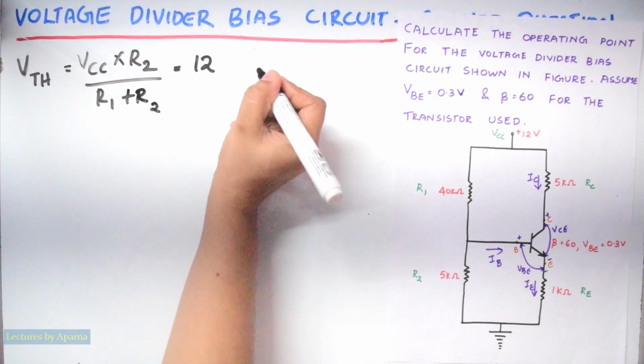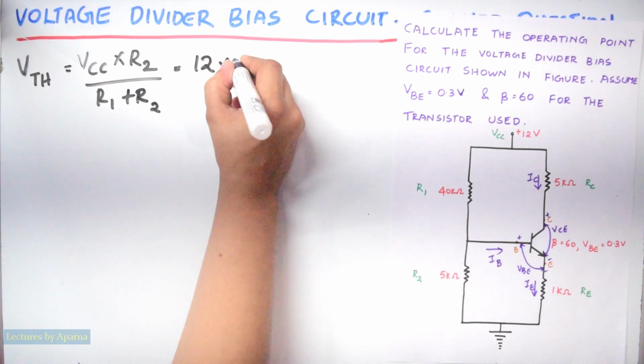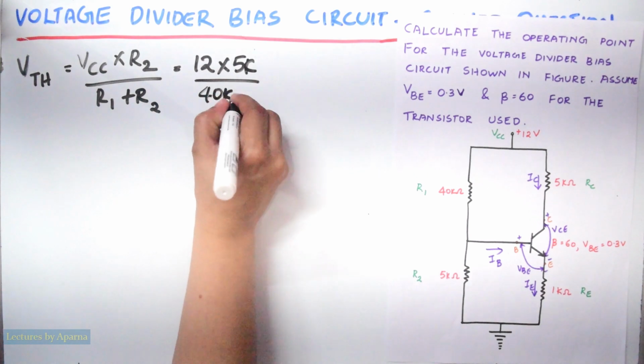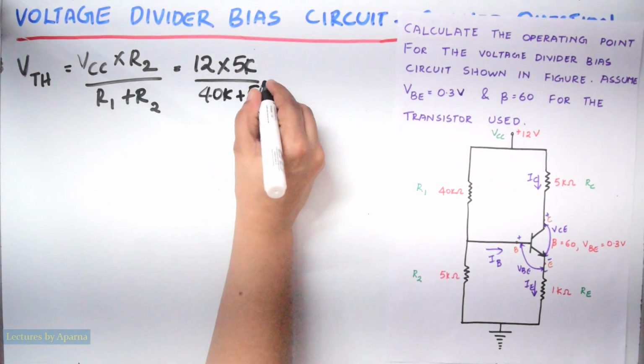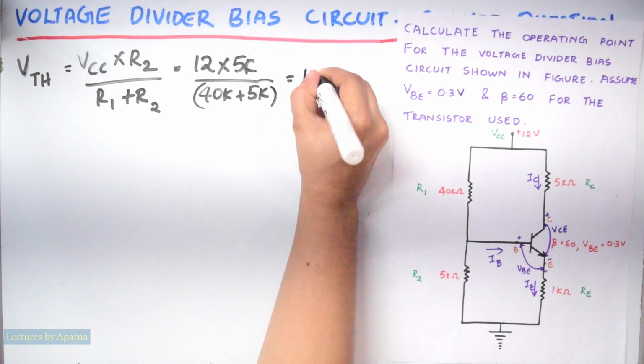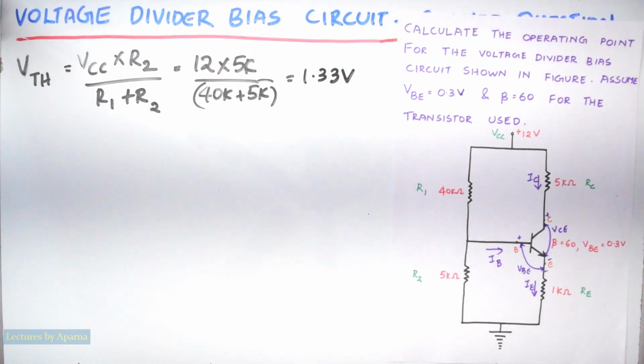VCC is 12 volt here into R2 is 5 kilo ohm by R1 is 40 kilo ohm plus R2 is 5 kilo ohm. So simplifying this you will get it as 1.33 volt.